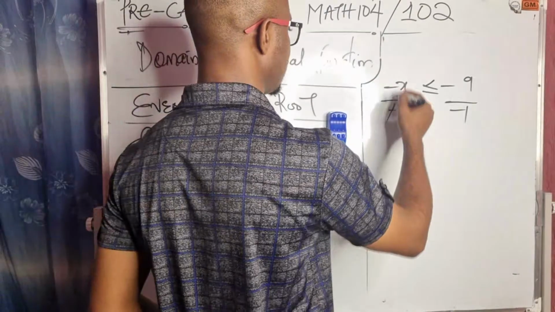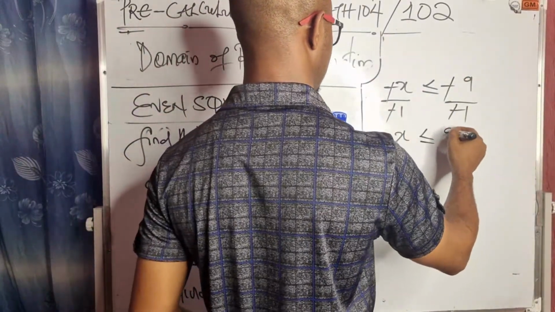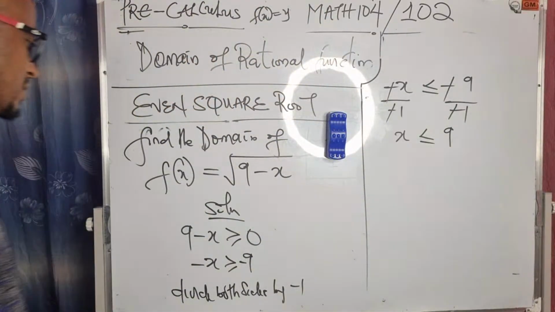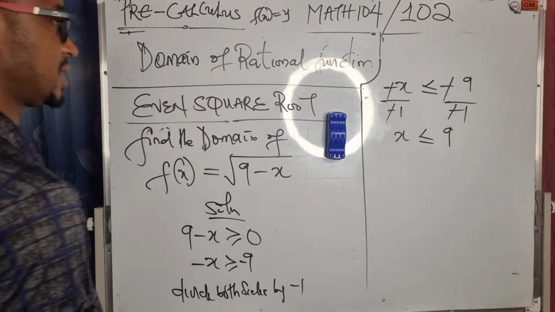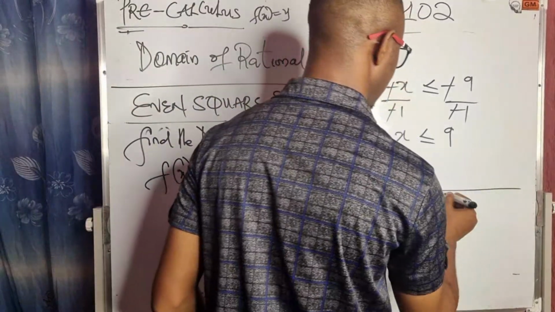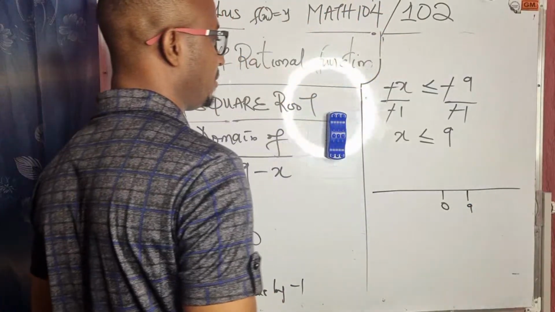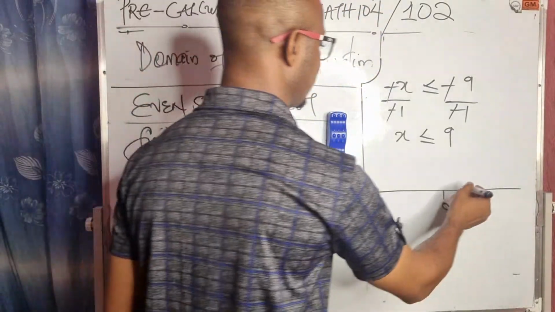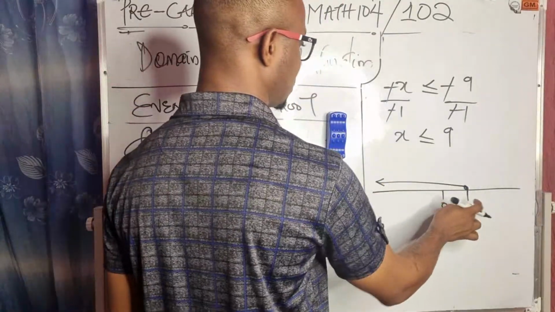So here becomes our x is less than or equals to 9. Less than or equals to 9, right? So it simply means our range is, let's bring out our value. Here we have 9. The numbers less than or equals to 9 are from this region here, down to 9.